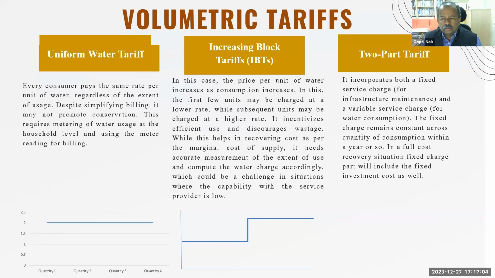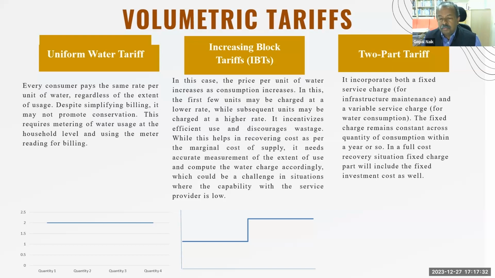That's also important in places where there is water scarcity, so that you want to discourage people from consuming large amounts of water. It incentivizes efficient use and discourages wastage, while this helps in recovering the cost as per the marginal cost of supply.